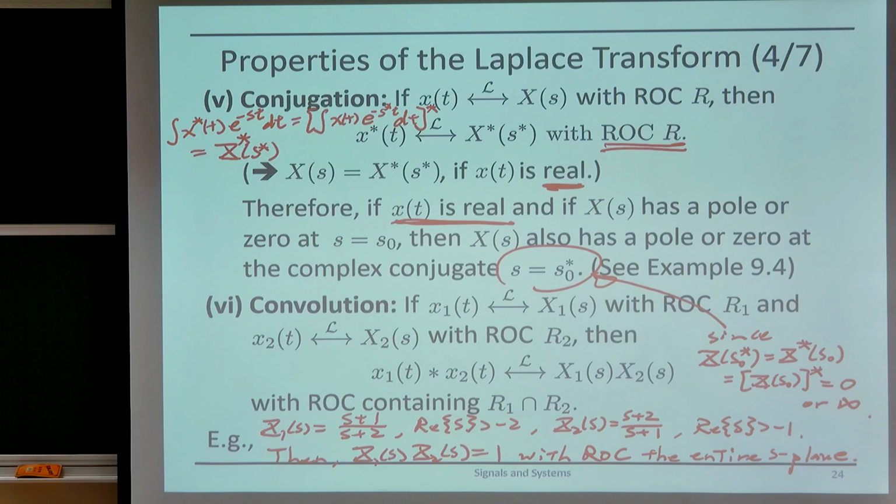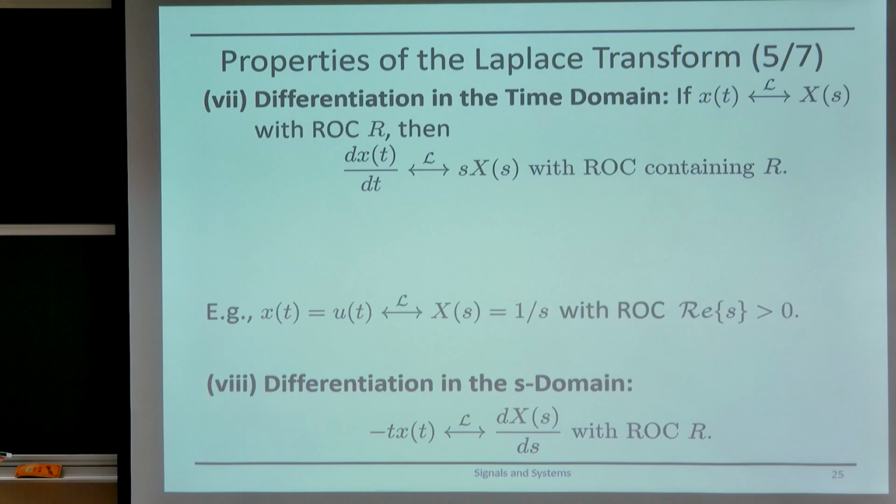Let's continue with differentiation. We have differentiation and integration, which are both quite useful properties. In differentiation, if x of t has Laplace transform capital X of s with ROC R, then the derivative in the time domain will give you s times X of s in the s domain.